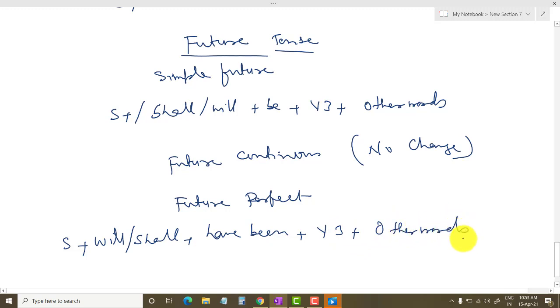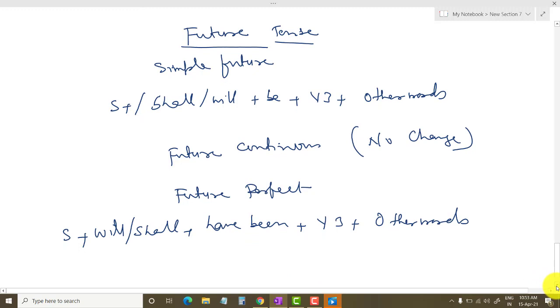Present perfect continuous, past perfect continuous and future perfect continuous are not required in active and passive voice. So this is the tense chart.